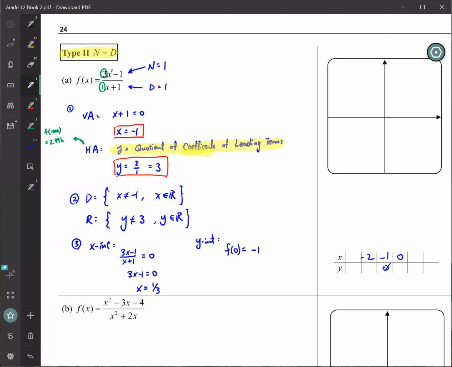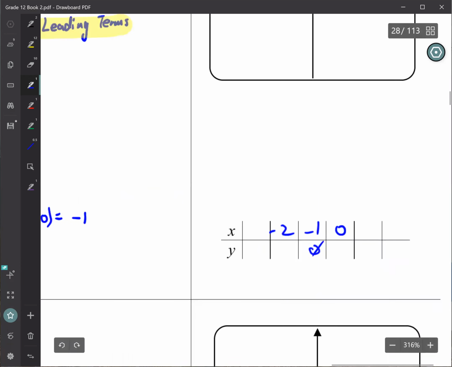Okay, let me get one of your tables. Cindy, what points did you use for the table? -3, -2, -1, 0, 1, 2. Okay, can you tell us your y values then? 5, 7, skip that, and then -1, 1, and 1 and 1/3.